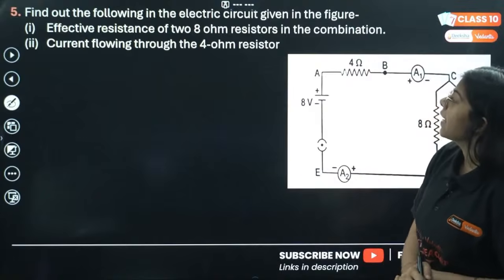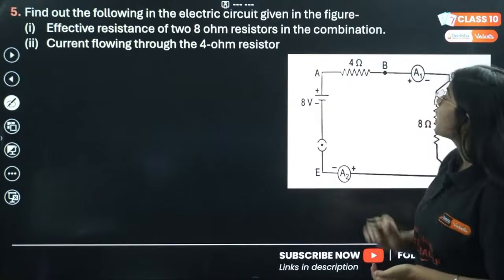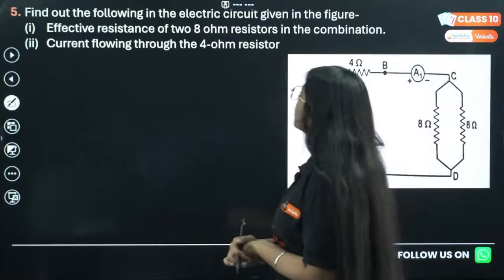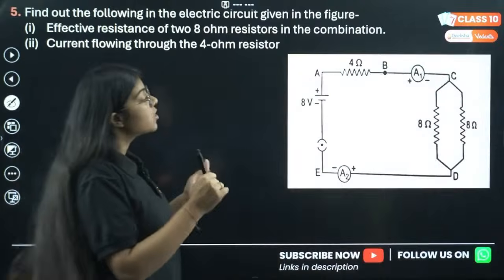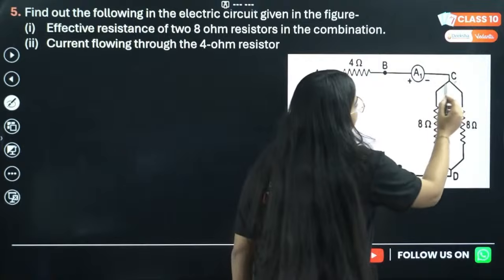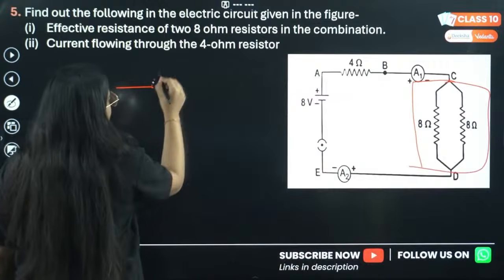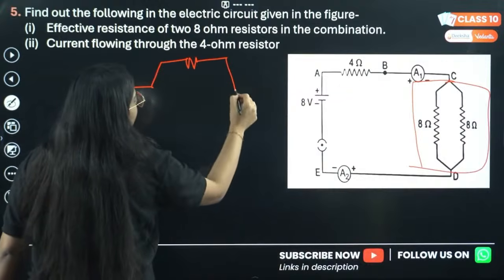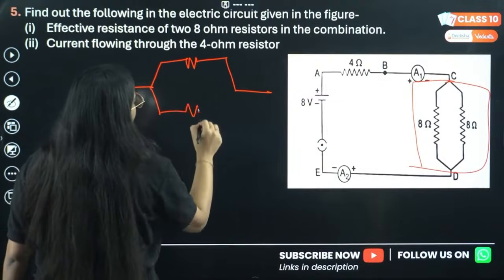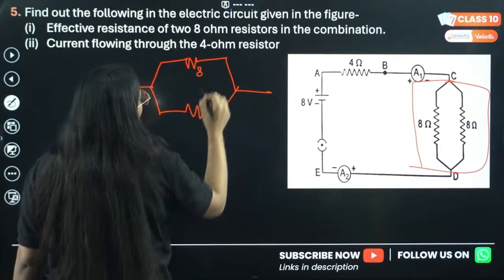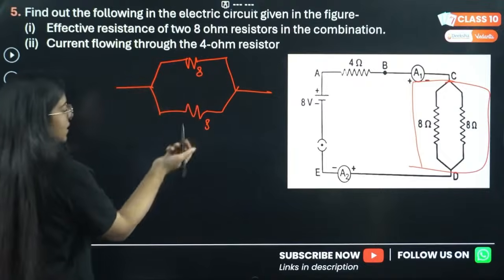First is asking the effective resistance of the 2 eight ohm resistors in the combination. First we need to find the effective resistance of this circuit. Now can I say that these are like this? If I just rotate it a little bit, these are 8 ohm and 8 ohm. So these are in parallel.